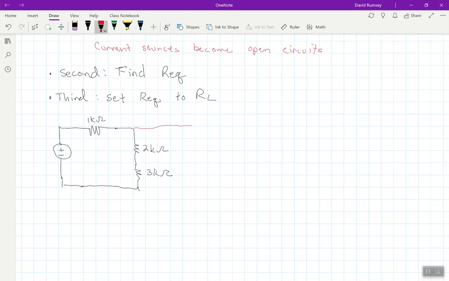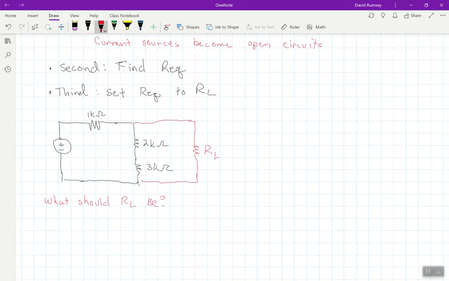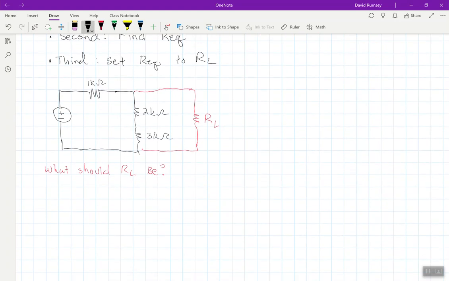What we're trying to do is attach a load here for max power transfer. So what should RL be? And I'll say this is 12 volts, it doesn't matter. And so I want to find then what RL should be.